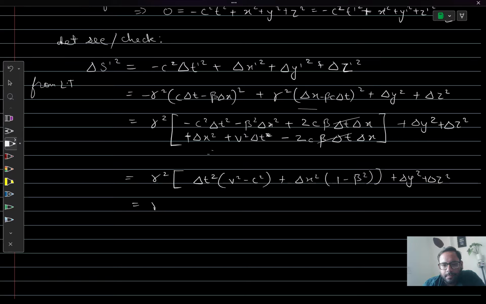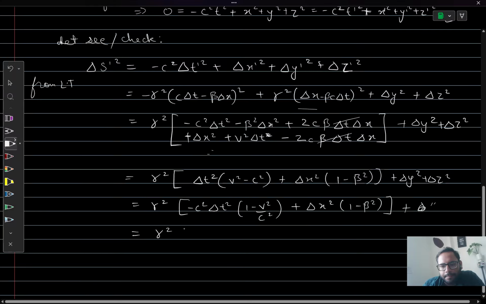And again when you take common out the minus c squared from it, minus c squared delta t squared, we will get 1 minus v squared upon c squared. 1 minus beta squared plus same. Now you see this is again my same thing, 1 minus beta squared.